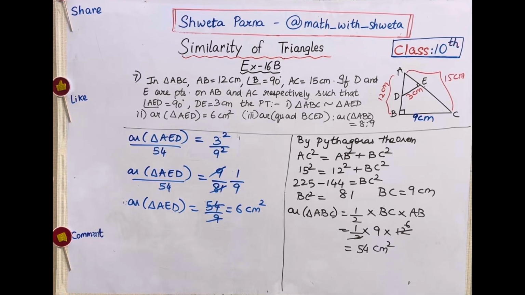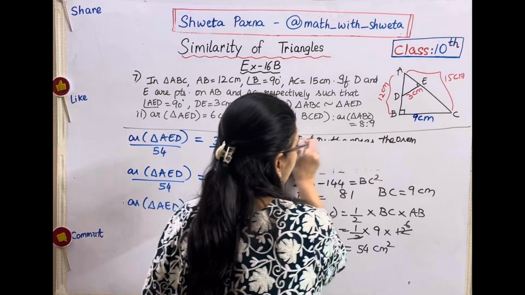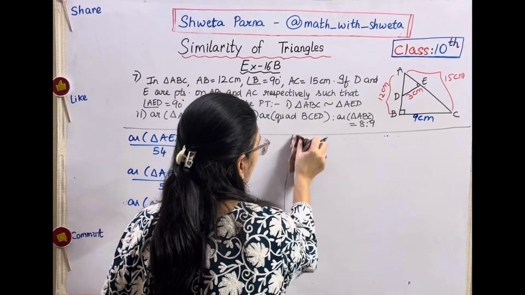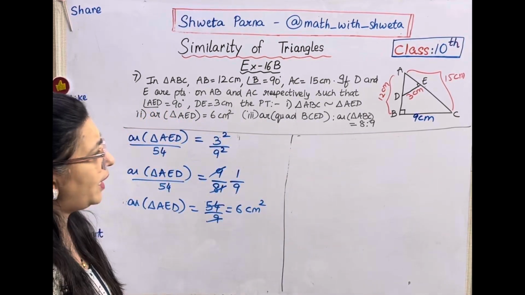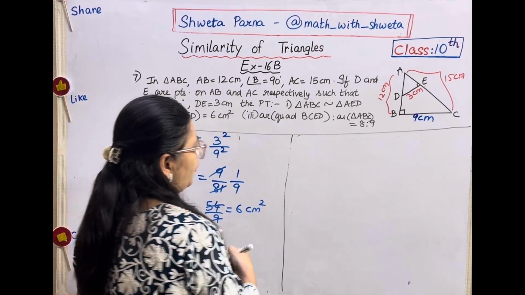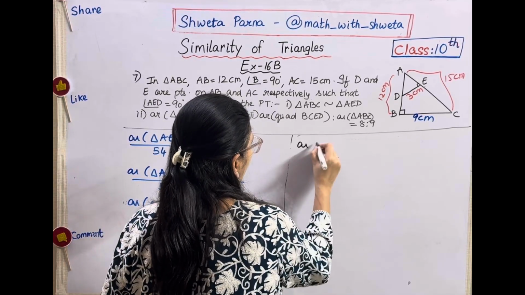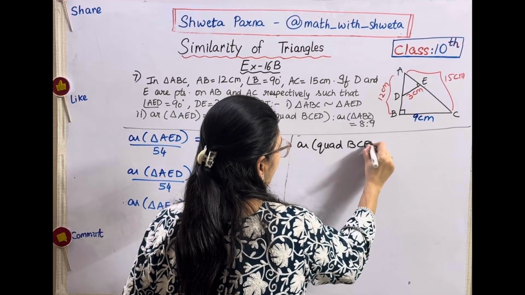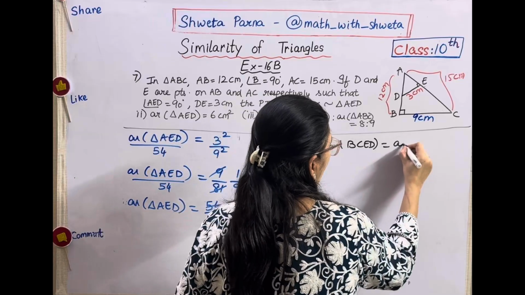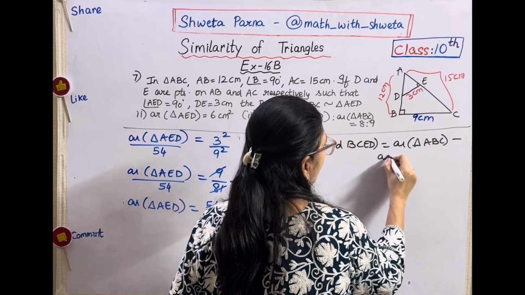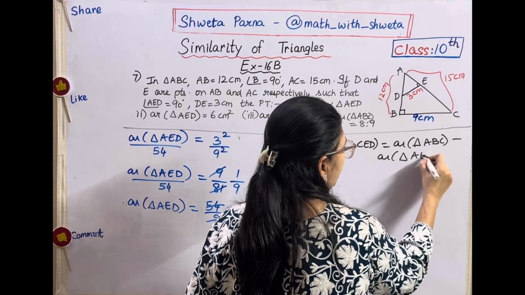Now let's go to the third subpart. The third subpart you want is prove that area of quadrilateral BCED. First let's find area of quadrilateral. How do you get area of quadrilateral? BCED will be area of triangle ABC minus area of triangle AED.